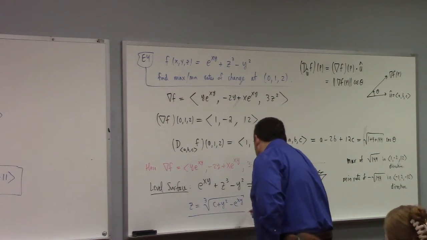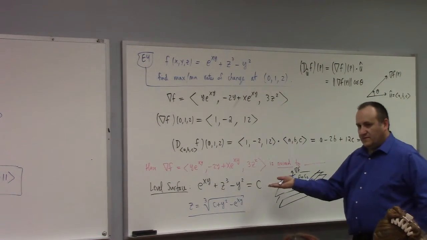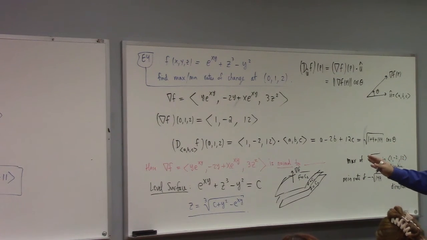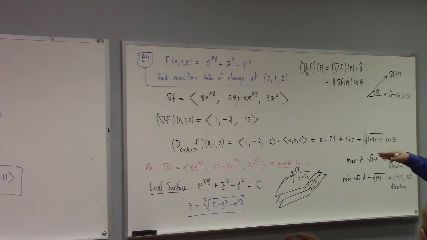So there you go. In fact, this level surface is a graph. I don't even know how to graph it, but it is a graph. I can write z as a function of x and y, and so as we run through different values of c, I think it'll move the surface sort of up or down with respect to the xy plane.